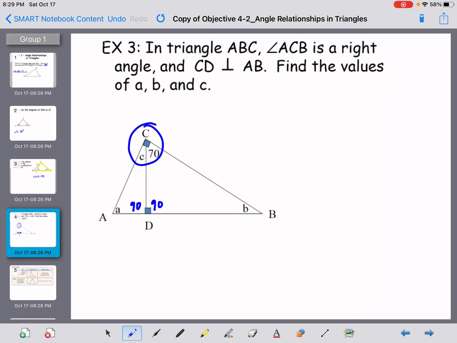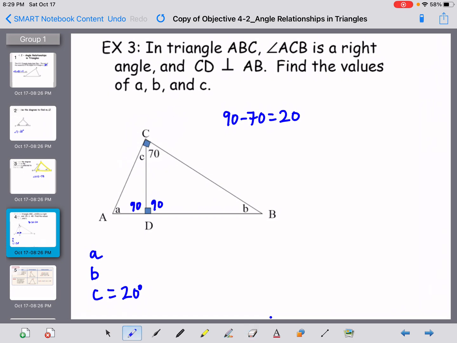And then that in its entirety is going to be 90 degrees. So if I want to find the measure of C, C is simply going to be 90 minus 70, which is 20. So C is going to be 20 degrees.